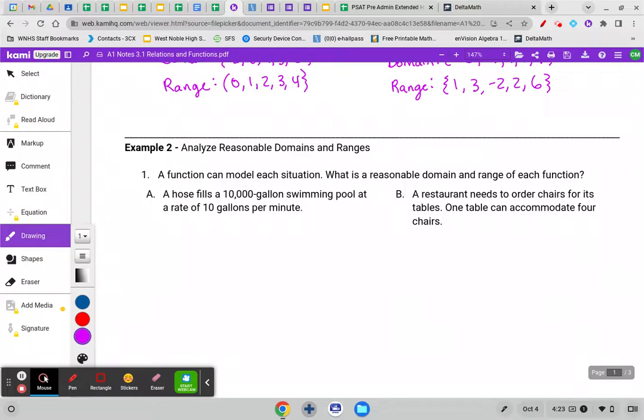So we're saying our x values are how long it takes. So domain would be from 0 minutes to the amount of time it takes to fill the pool.